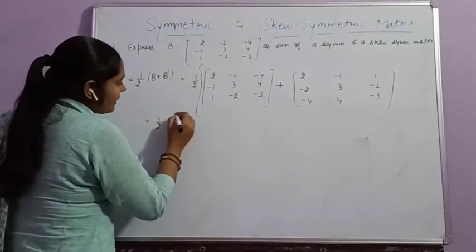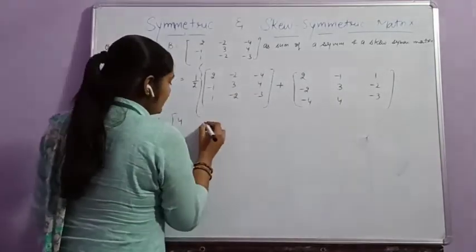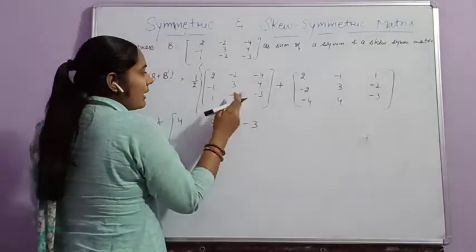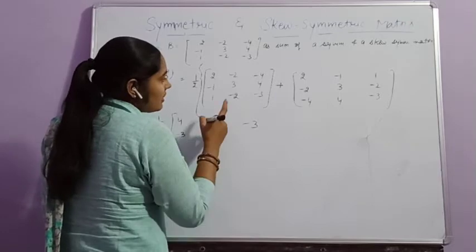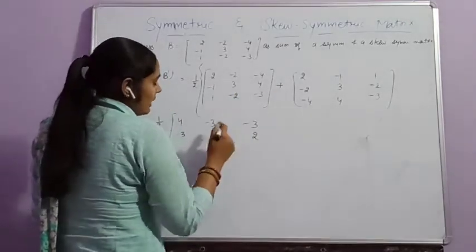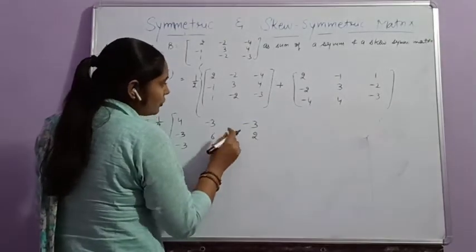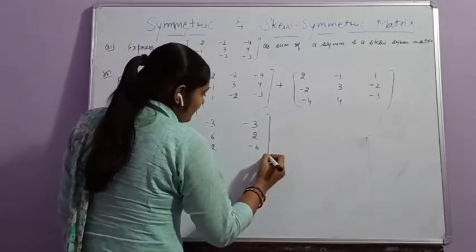By simplifying it, we can see that 2 plus 2, that is 4, -2 -1 = -3, -4 + 1 = -3, -1 -2 = -3, 3 + 3 = 6, 4 - 2 = 2, 1 - 4 = -3, -2 + 4 = 2, -3 - 3 = -6.